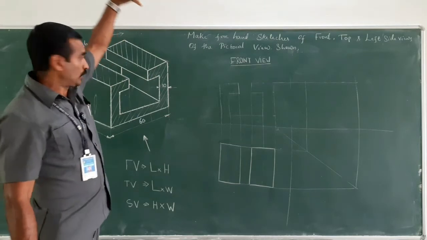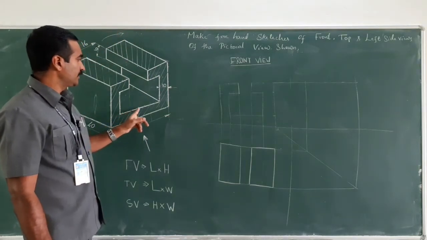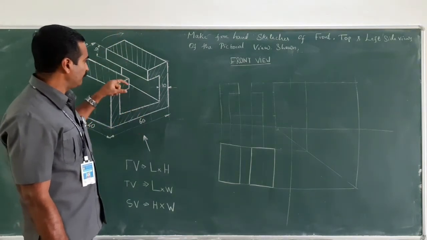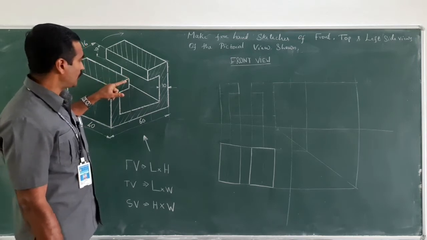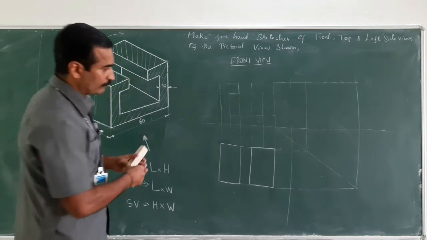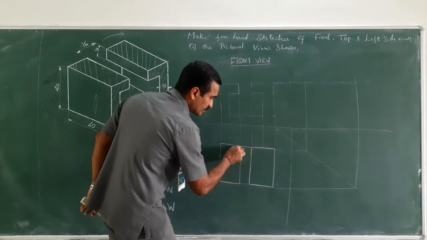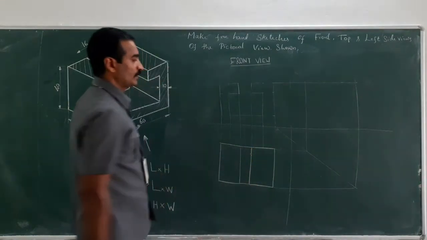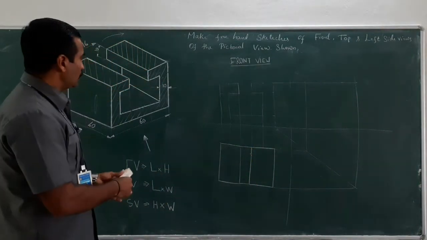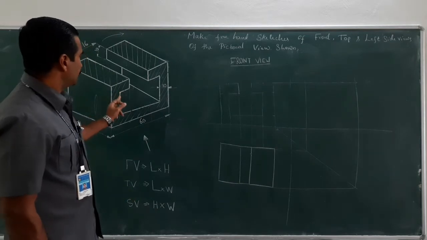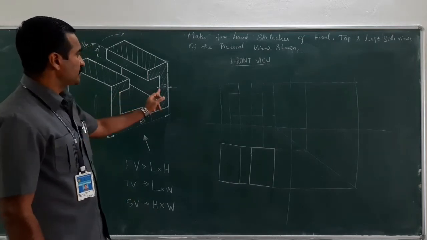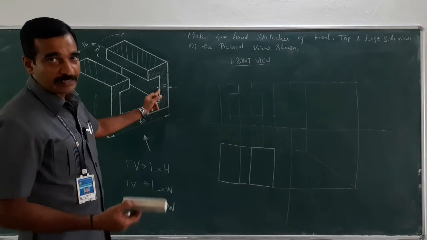Then what about this connecting line? When I look at from the top, I could see this line. This line is in line with this edge, which falls in the same line. Therefore, this is also visible. Right? Now, this edge is not visible. That is an invisible line.